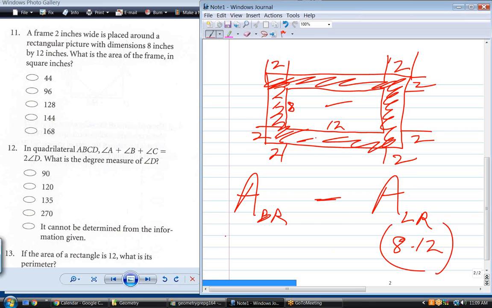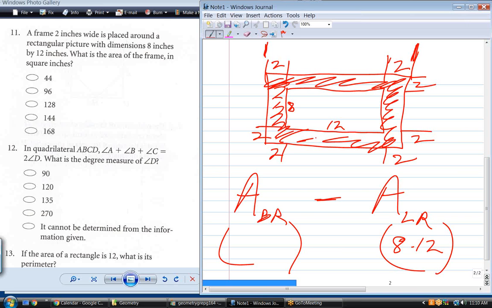But what's the area of the big rectangle? We're not staring that in the face, but we can figure it out easy enough. What's the width from here to here? That's the big rectangle. The width would be 2 times 2, so it'd just be 4. No 2 times 2.